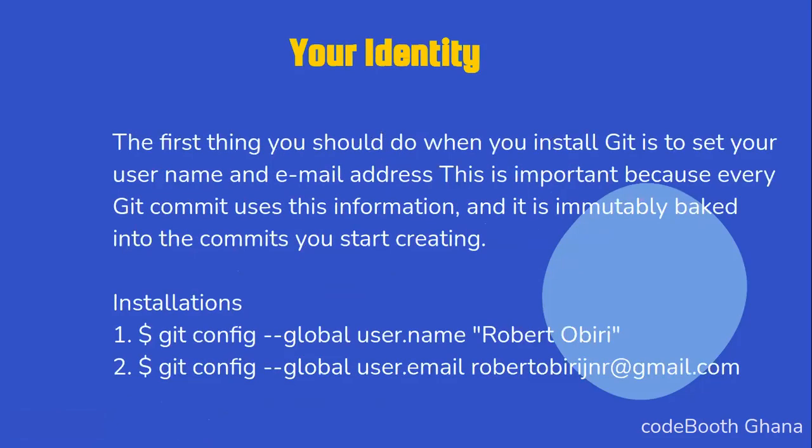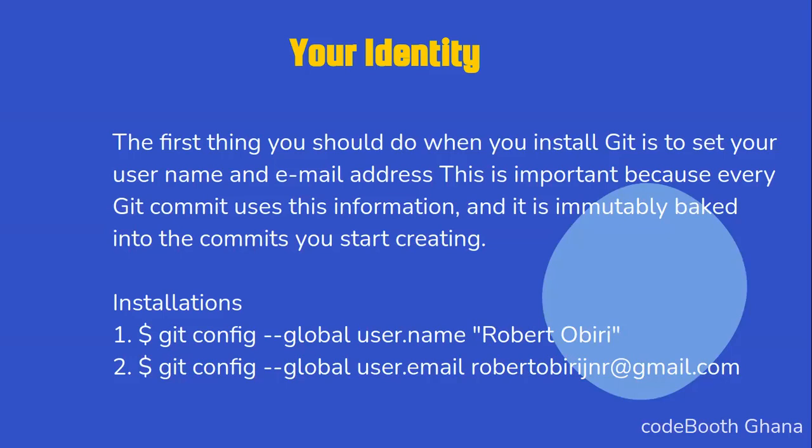So after installing Git on your machine, what's the next thing that you have to do? The first thing you should do when you install Git is to set your username and your email address. I know most of you haven't done that, so we are going to do that together right now before we even move to the next slide.